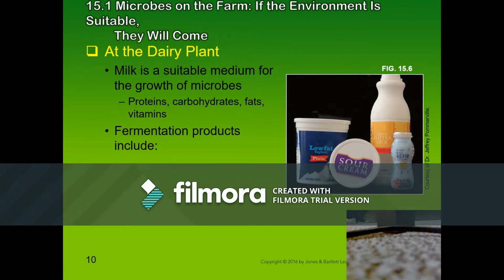Okay. And we can very easily ferment milk into suitable products. Sour cream and yogurts are all products that can be made by fermentation from milk. For buttermilk, you're going to add some Lactobacillus.